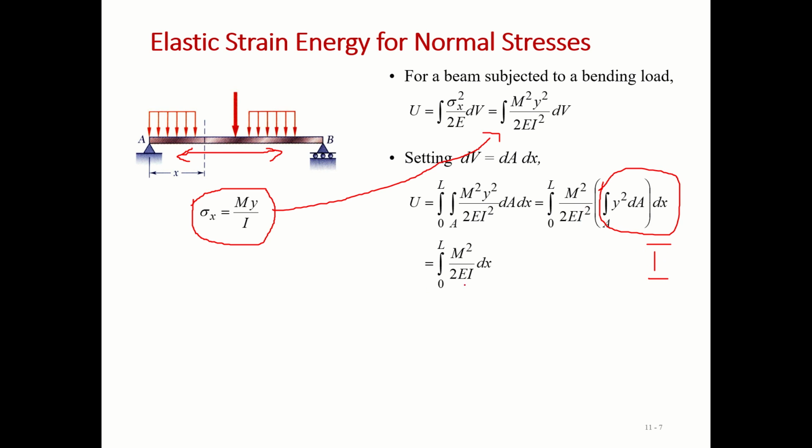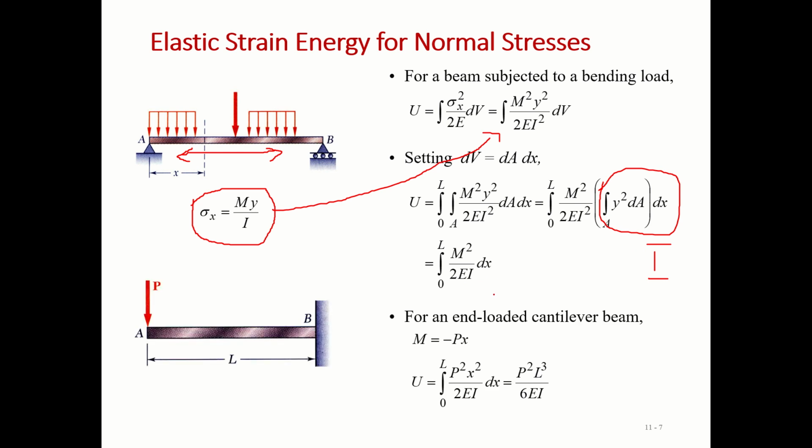So we get M squared over 2EI dx. This is the general expression for the strain energy for a beam under different types of transverse loading, M squared over 2EI.